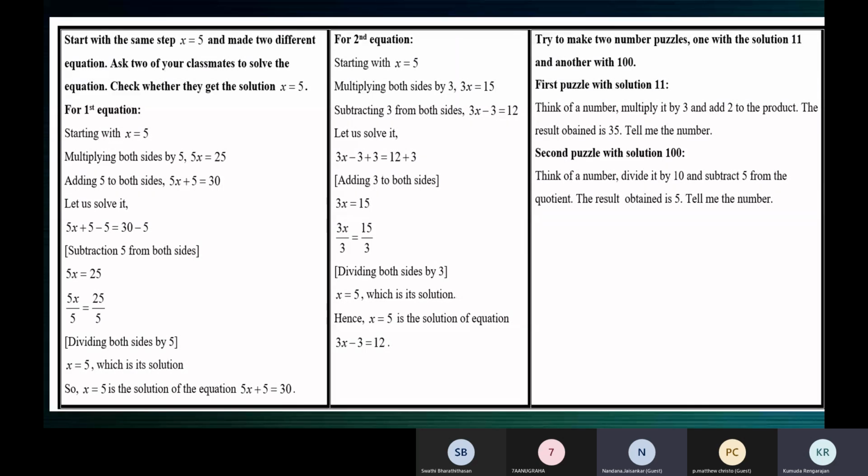Ma'am, the sum of 3 times a number and 11 is 32.